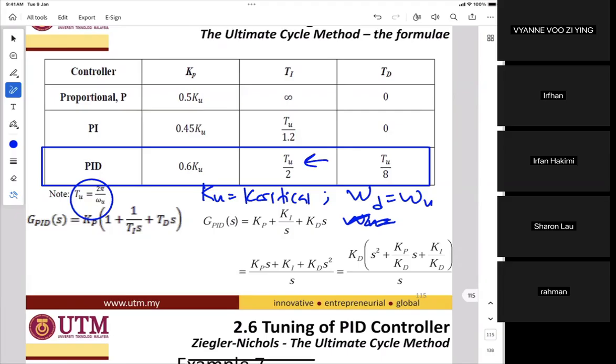So TU over 2 for TI integral and TU over 8 for derivative. Use the third one. This one no need.